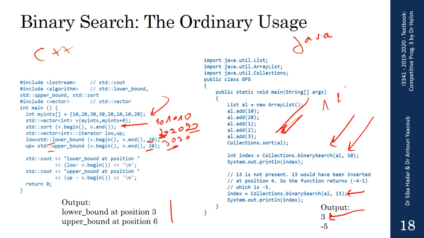Because in the sorted array, if 13 were there, it should be at index 4. Since index 4 is not equal to 13, it will return -4, and then -1, since the function subtracts 1, so it will be equal to -5. So a negative index means that the element is not in the array.